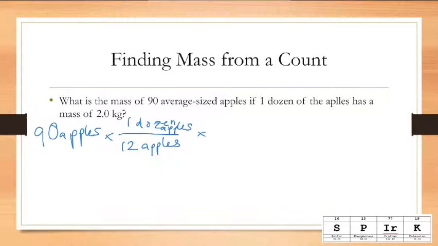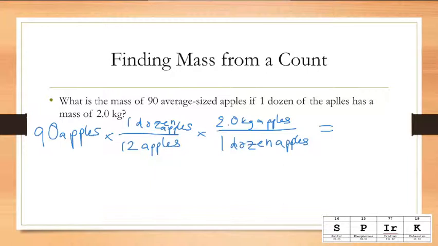Then we need to use our conversion factor from a dozen apples to the kilograms of apples. We know that there are 2.0 kilograms of apples in 1 dozen apples.